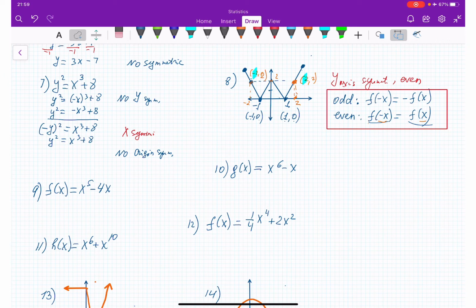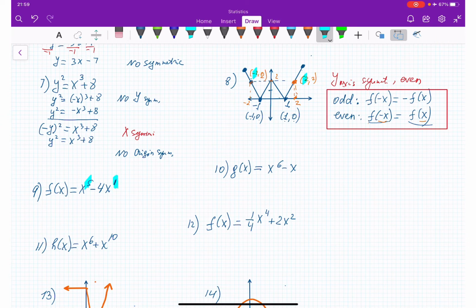Okay, that's true. But now I'm going to show you the shortcut, which means once you plug in, you will get the answer. Do you see the degree here? Odd, 5, and here we have 1 automatically, right? So both degrees are odd.